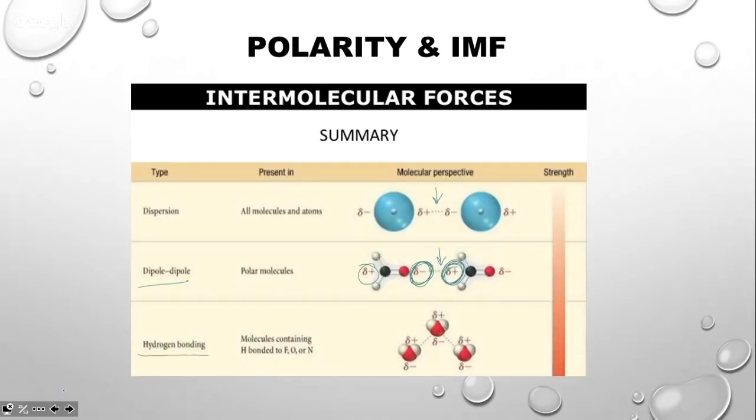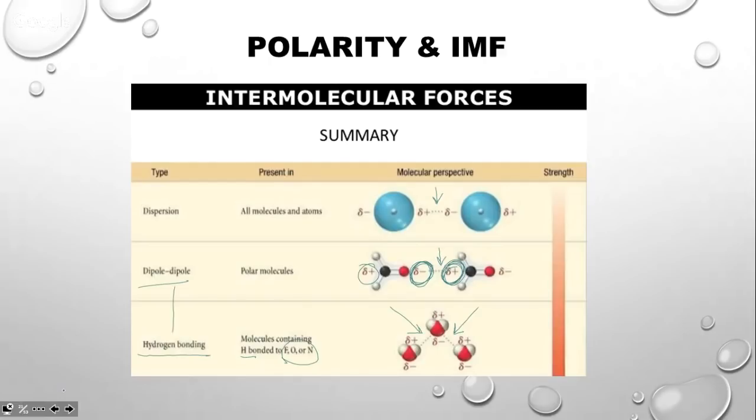And then finally, hydrogen bonding is even stronger if you're talking about among similar types of molecules. When we have F, O, or N bonded to H, the intermolecular force between molecules can also be hydrogen bonding, and hydrogen bonding is a stronger special type of dipole-dipole force.